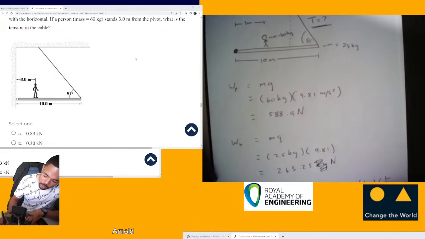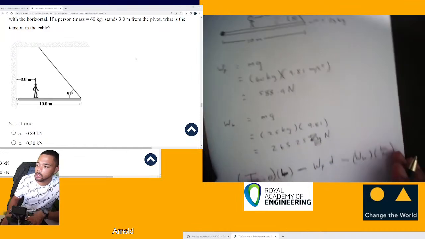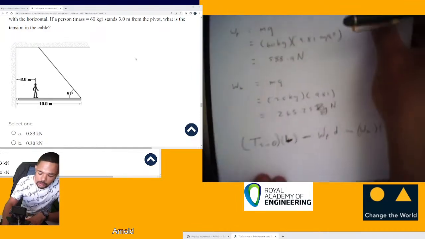The weight of the beam acts at the center of mass, so L over 2, which is 5 in this case. L is 10.